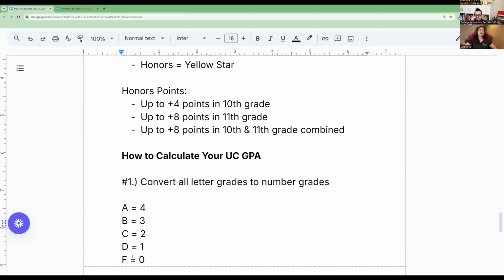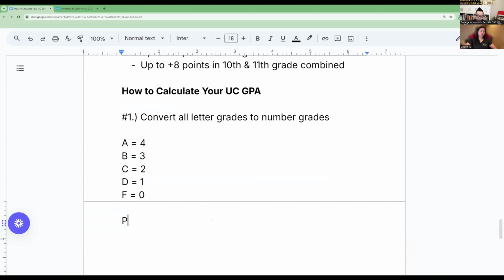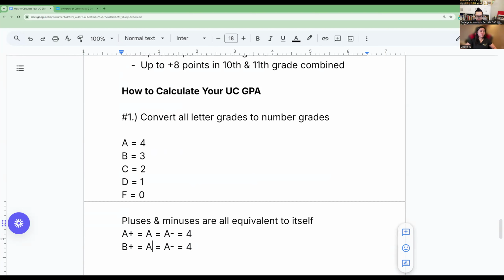Now, pluses, minuses, and no plus or minus are all equivalent. So for example, if you have a plus, a minus, or a regular A, you will get 4 for the point. You don't get extra for a plus, and you don't get less for a minus either.